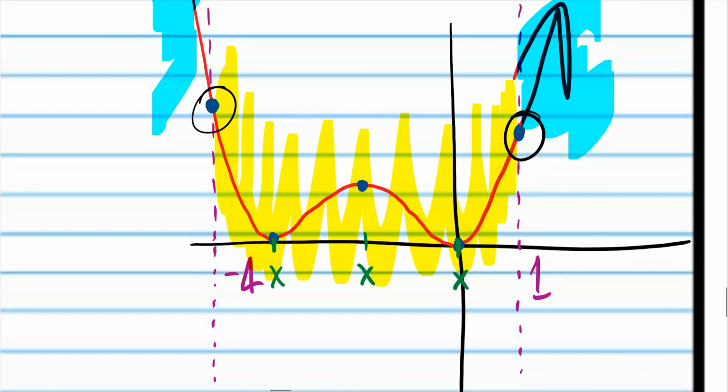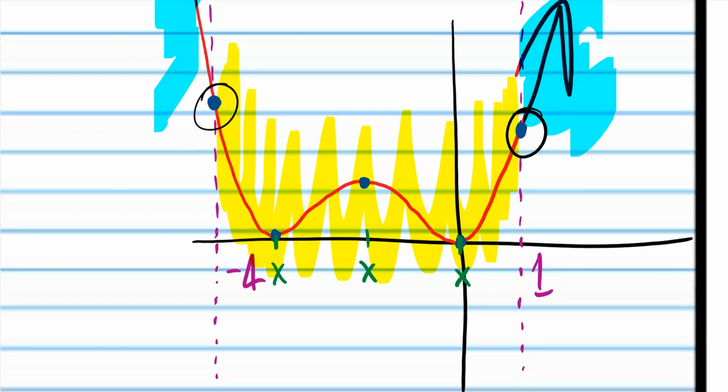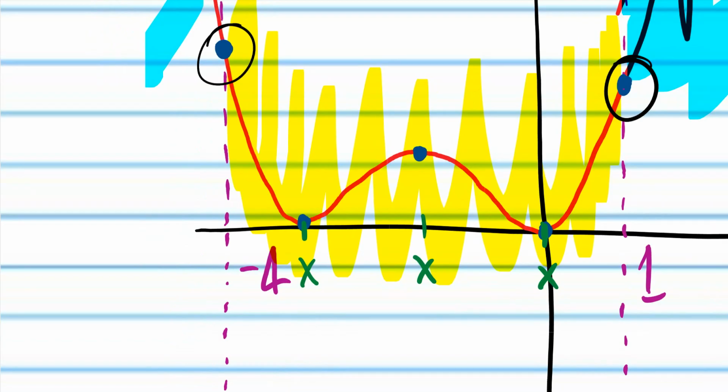And by the way, why is it that these are possible points that will have the smallest y values or the biggest y values? Well, because they're points that are at the tops of the hills and at the bottoms of the valleys. That's why we have to check those points. Now, remember, if you choose some point on the graph, this line is the line tangent to the graph, and the slope of that line is the derivative.